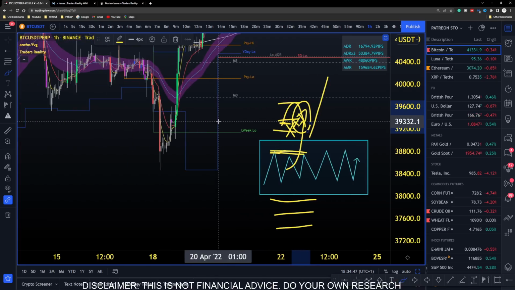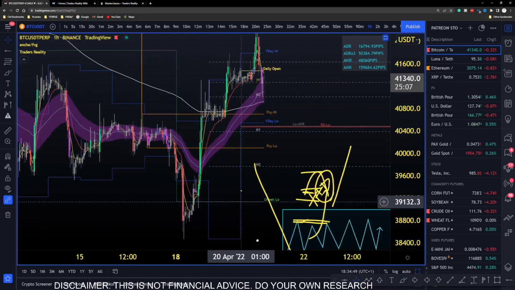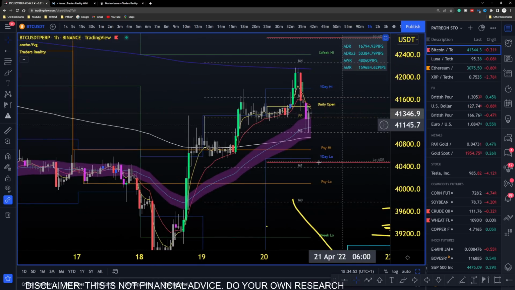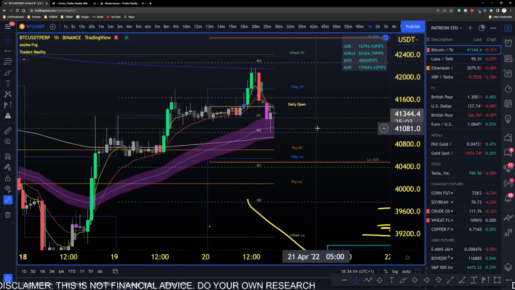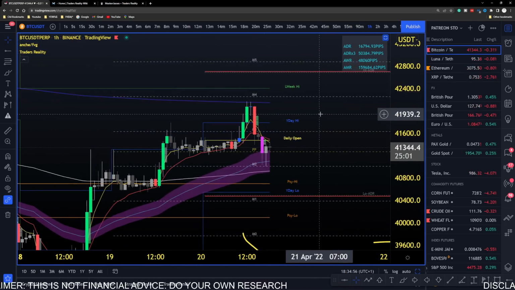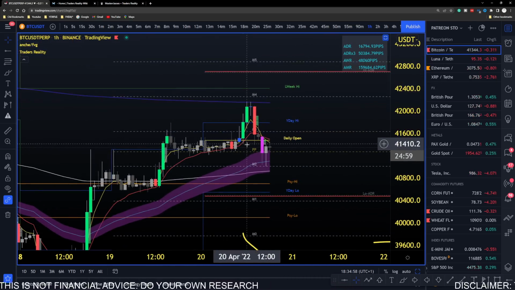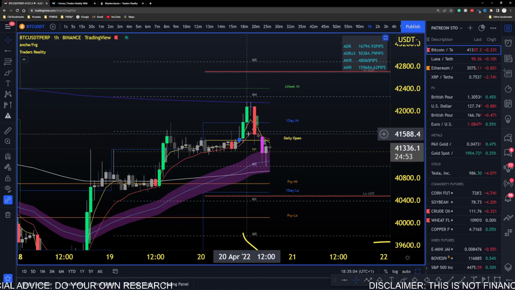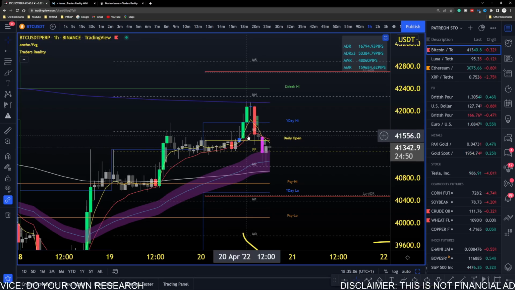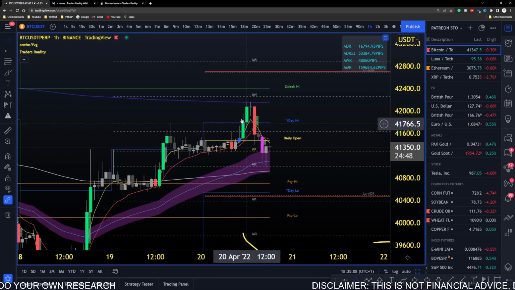In other words, if we look at the chart itself, ladies and gentlemen, watch this. In this zone earlier on, if you remember in the live stream at 2 p.m., we saw that 41,712 had $85 million worth of liquidations. Those were the long liquidations, which were trapped in this area right here.